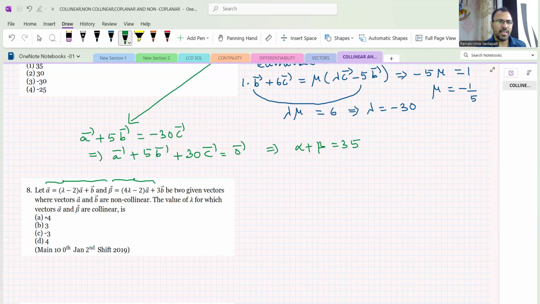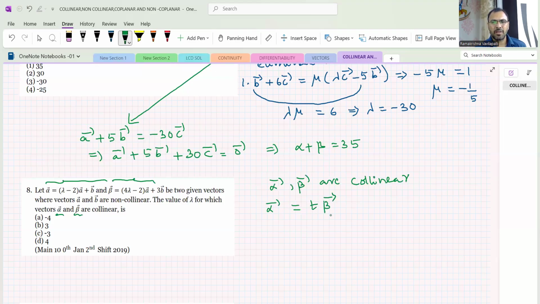So here you see that alpha bar and beta bar are collinear vectors. Collinear is nothing but one vector is the scalar multiple of the other. So alpha bar is equal to some t into beta bar.